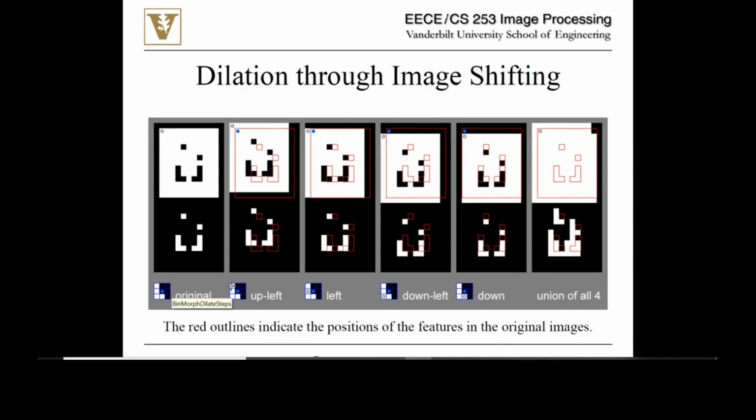So I have to shift it to here, so I shift it up and left, and I have to shift it to here, so it is shifted to the left, down, and then you compute the union of all these images. The union of all those images is this one. And what is in red here is the shape of the original image.